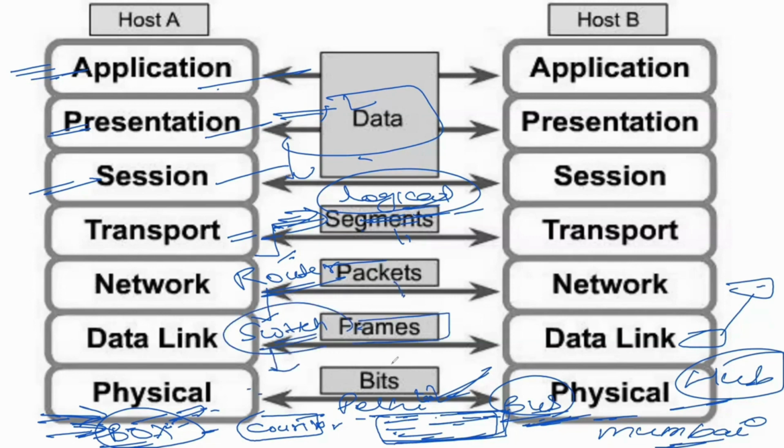These convert frames into bits format, and in the cable the bits are converted into analog signals and then sent to the receiver side.